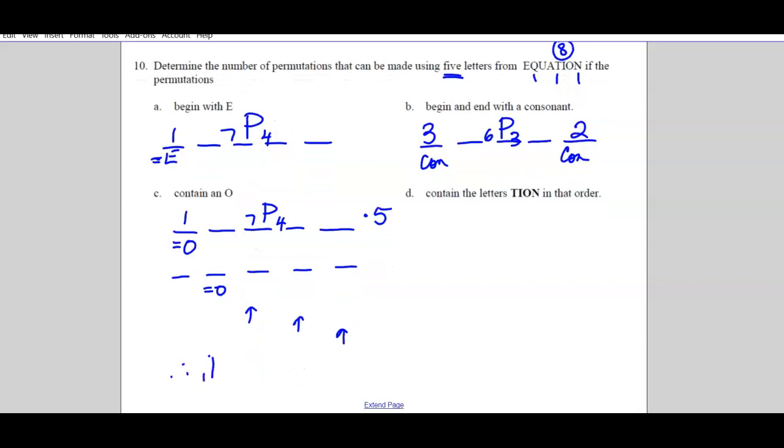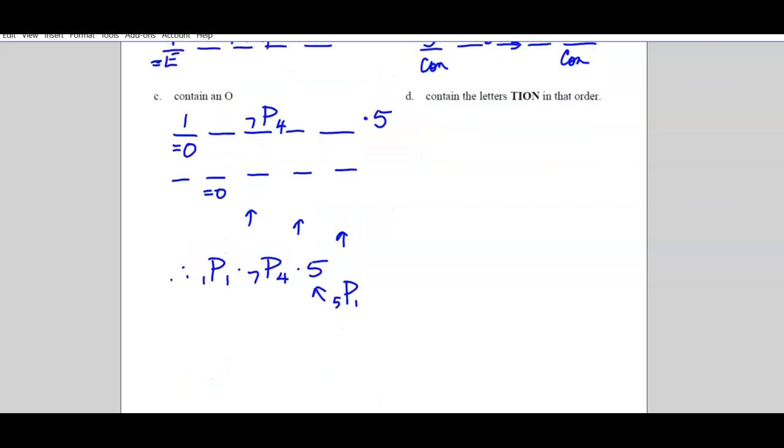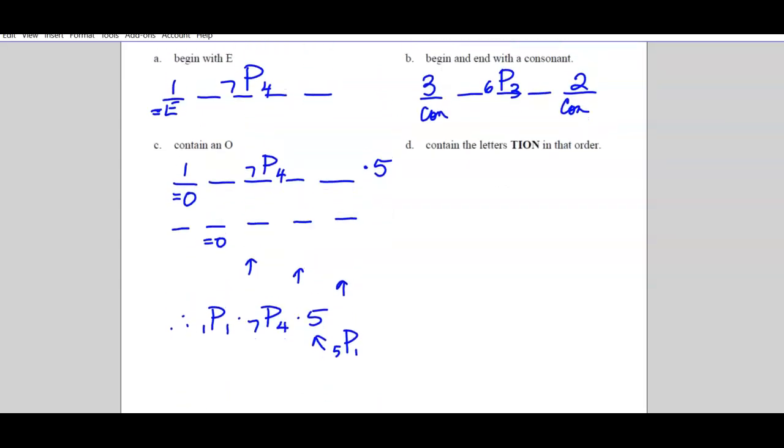You must think about it as like, you got 5 spots, but you only got one thing, so 5P1, which is 5. Yeah, you can do 5P1, exactly. This is 5 places, 5 spots for that O to go into. So this is like one of those cases, once again, where you got to be very distinctive with where the numbers are.